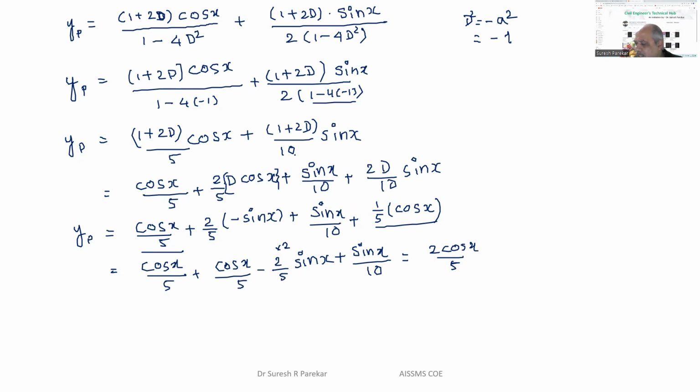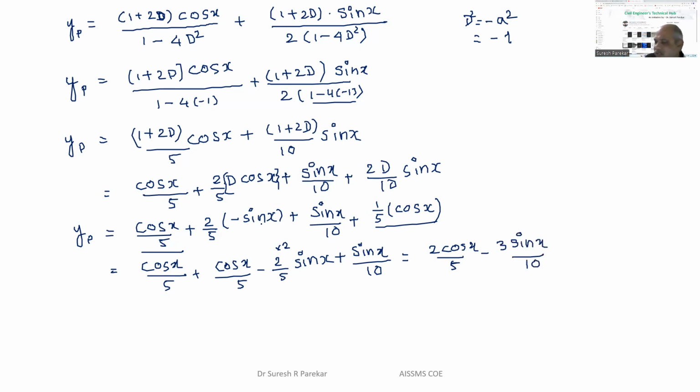So we have 1 by 10 sin x, and this is 2 cos x actually, so we have 2 by 5 over here. So 1 plus 2d we have over here, so this becomes 1 by 5, so 1 by 5 cos x. So 2 by 5, just see the calculation. So I got it as minus 3 sin x upon 10.